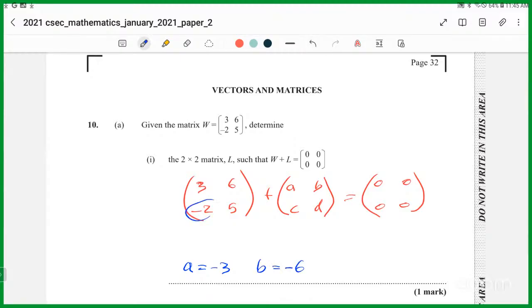If this is negative 2, we add 2 to get 0, so c equals 2. And if 5 plus d is 0, then d has to be negative 5.